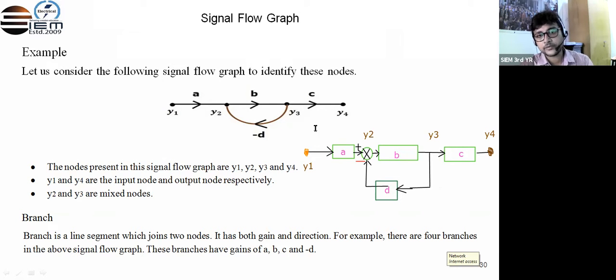So right to left we are drawing the branch. And why is it negative? Because the feedback is negative, so we have to represent the feedback here, so it is minus d. Okay, so this is minus d. Now is it clear to you, students?